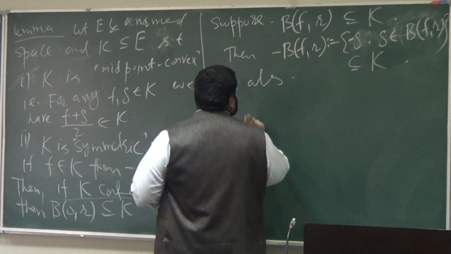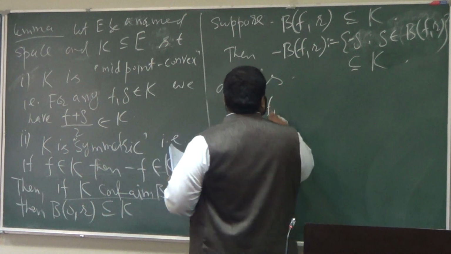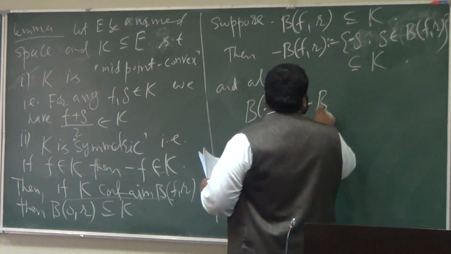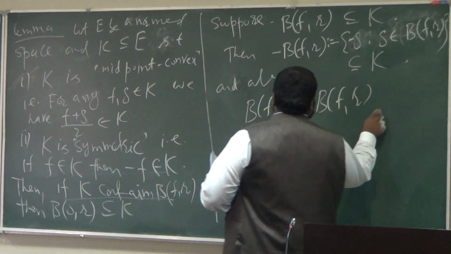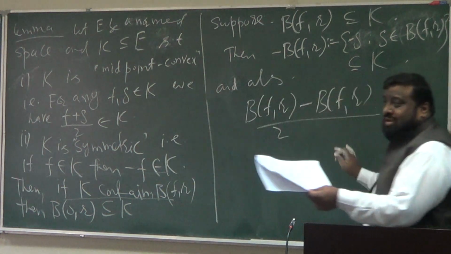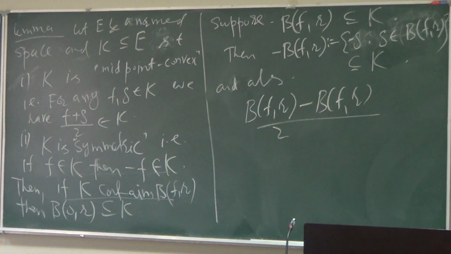And also this interesting set. So BFR minus BFR divided by 2. So that's just a symbol actually. Okay? That's just a symbol to represent a set. So the set is what?